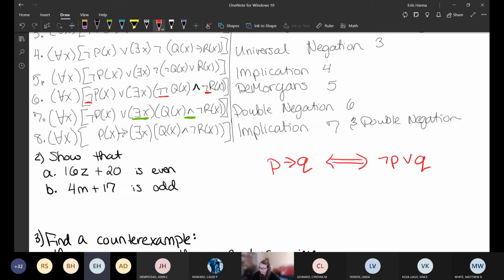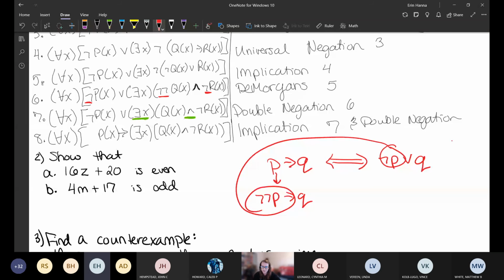If you want to say to me, well, it starts with a not P and then just becomes a regular P, you're correct. I'm also correct technically, because this could be written as not P implies Q. A regular P is the same as a not P. So going from not P to not P using the implication rule is also technically correct.